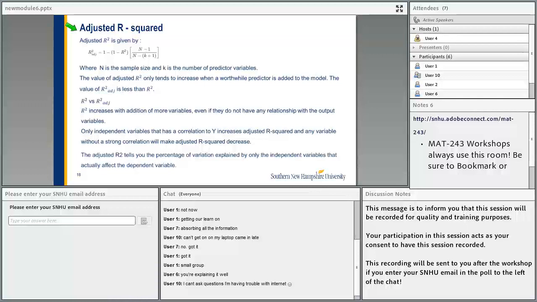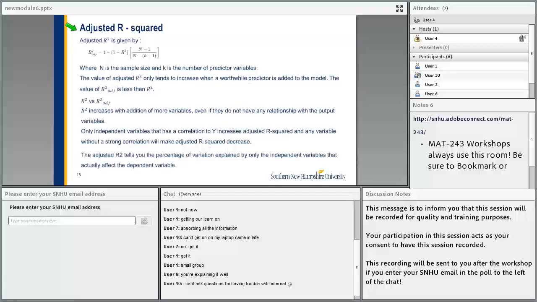By default, R squared will increase with the increase in predictor variables. But what the adjusted R squared tells us is that it will increase only if the predictor variable that I'm adding is really useful in predicting my Y. Only then will the adjusted R squared increase.